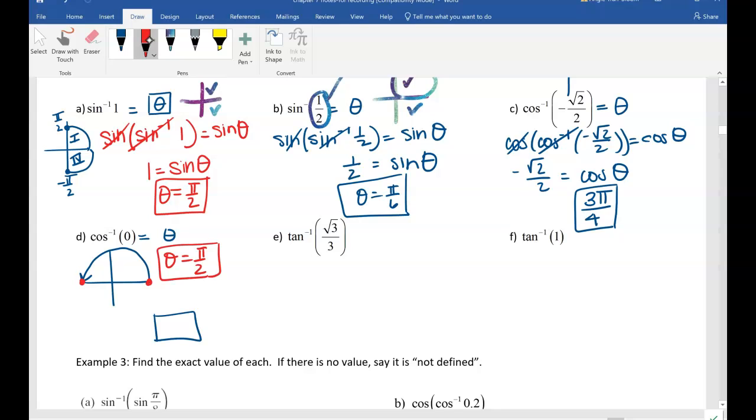From the unit circle. Tangent inverse restricted in quads 1 and 4. It's a positive ratio of rad 3 over 3. So now, if you know the answer, you write it down. If you don't know the answer, then please listen on.